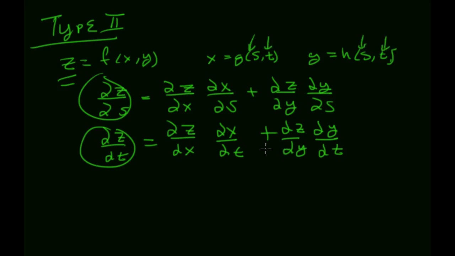t. Alright, so let's get an example. Let's say that z is e to the x sine y, and x is st squared, and y is s squared t. It should be pretty straightforward.